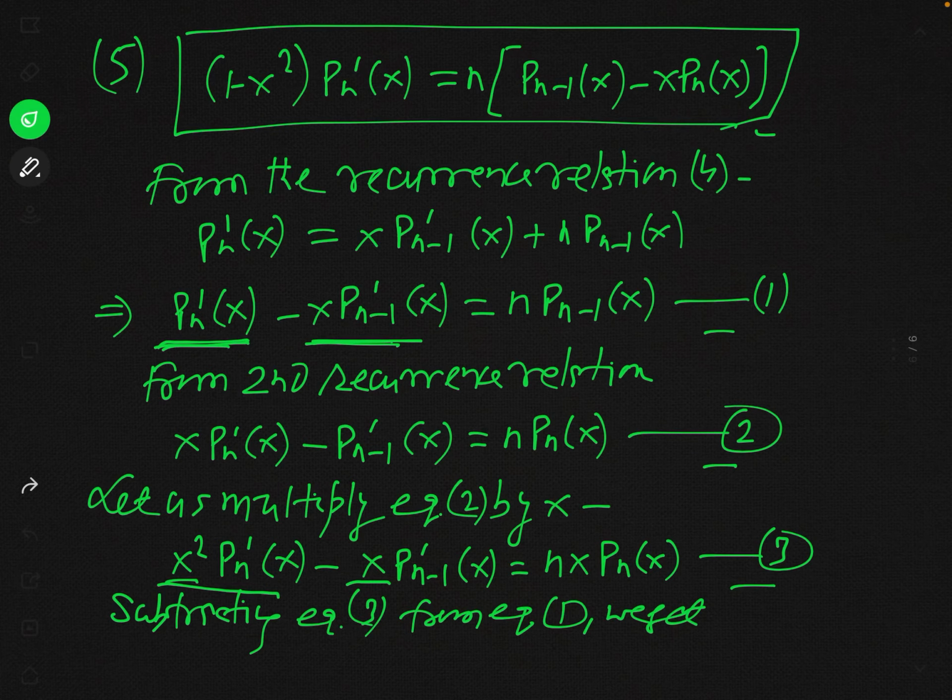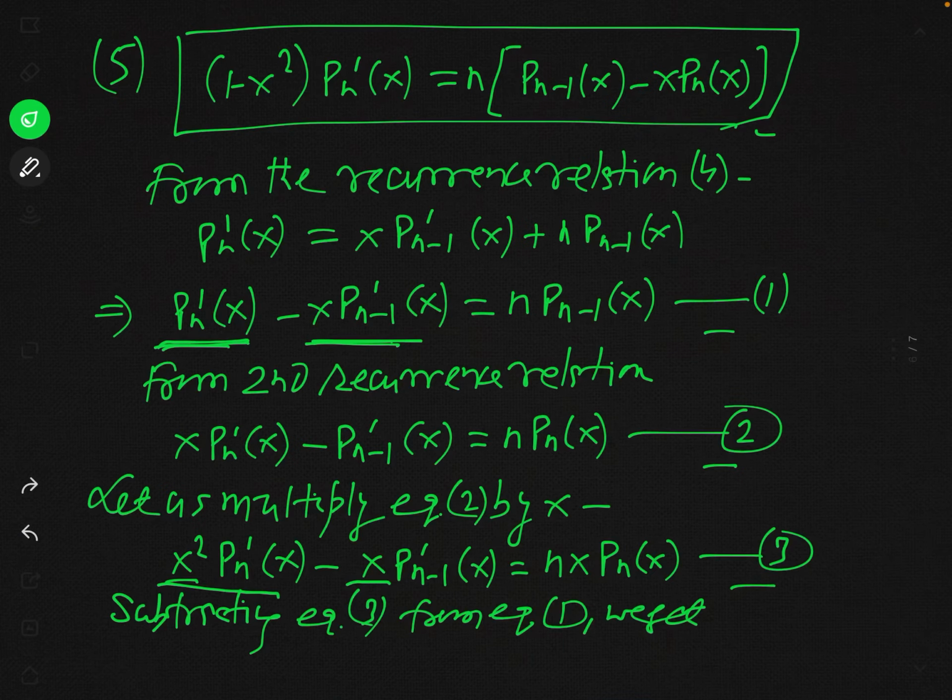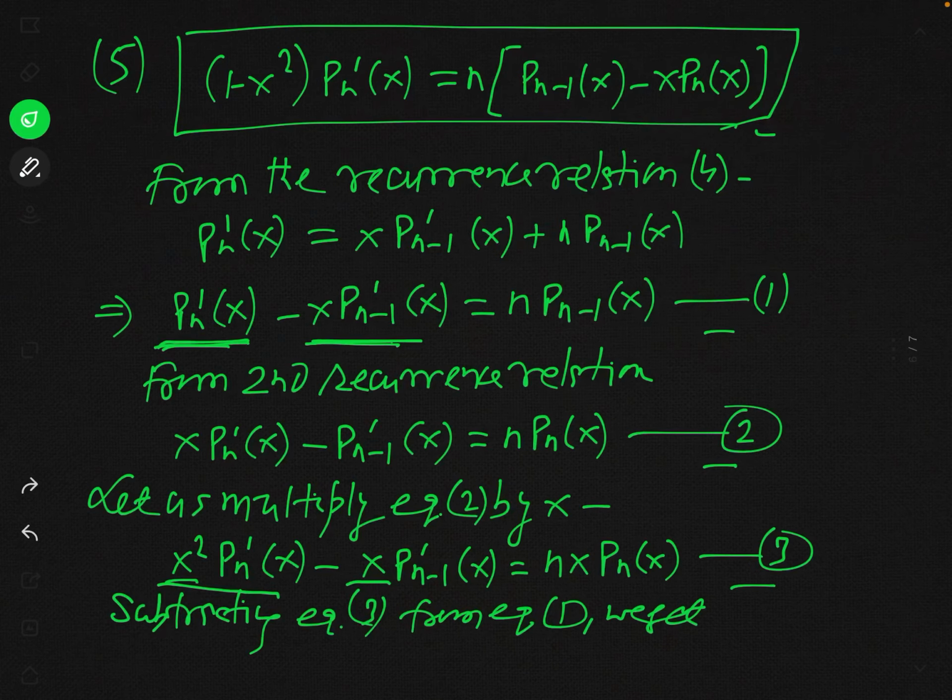So you can see what will be your result. Subtracting equation 3 from equation 1, our result will be 1 minus x square into Pn prime of x, as the second term cancels out in the LHS. Now see the RHS of these two equations.